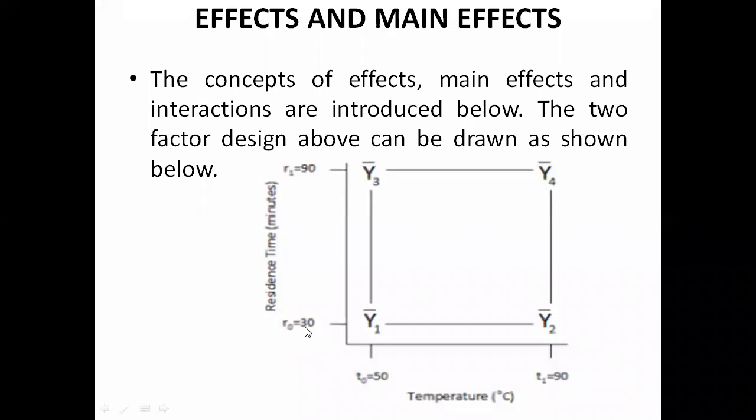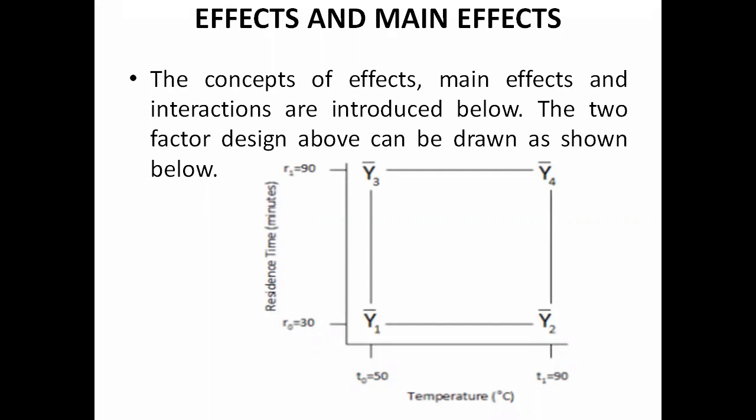Residence times are 30 minutes and 90 minutes. Temperature, first condition T0 is 50 degrees, second condition T1 is 90 degrees, with Y1, Y2, Y3, Y4. So here we will see the effect and the main effect.